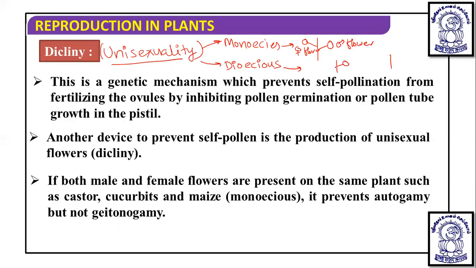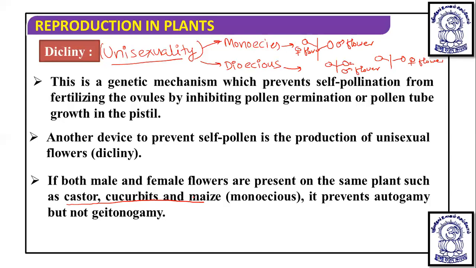The male plant has a male flower, and the female plant has a female flower. Then this type of condition is known as dioecious.